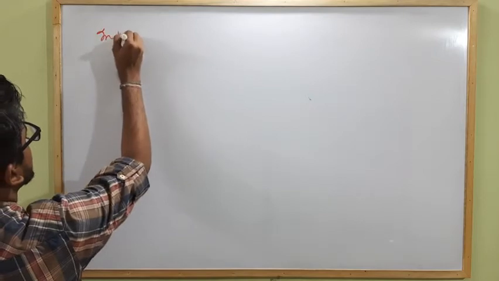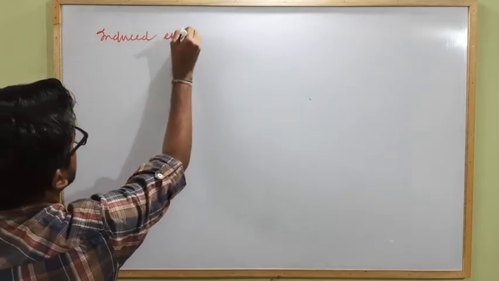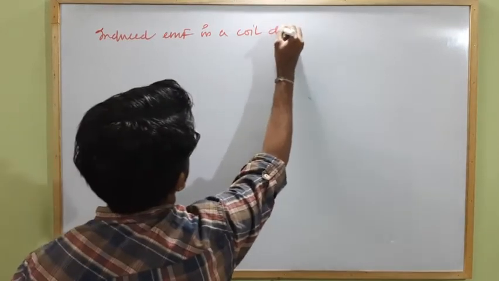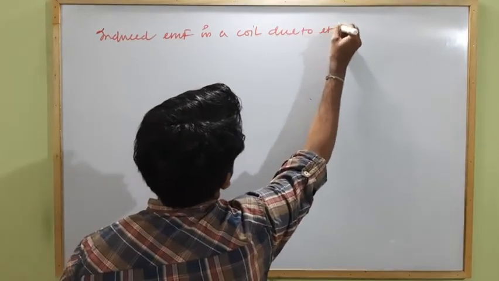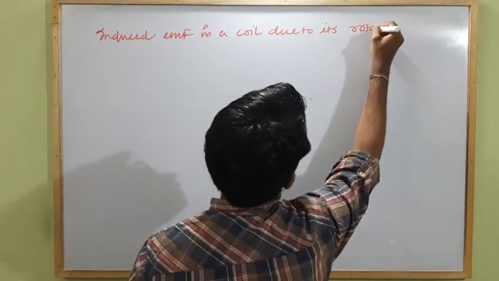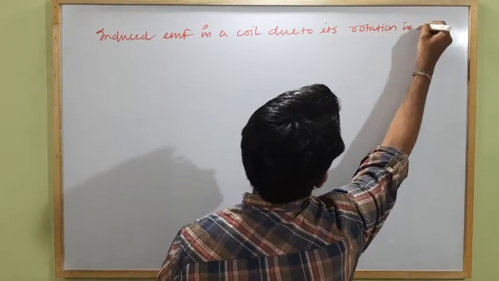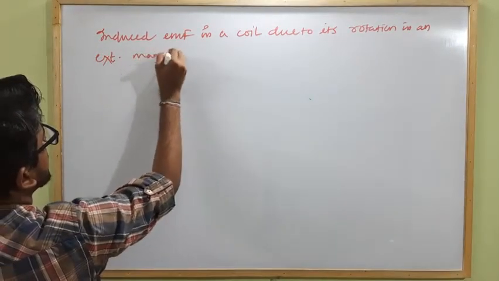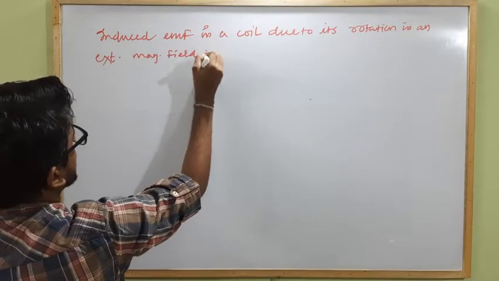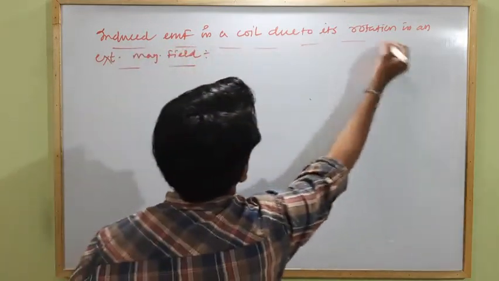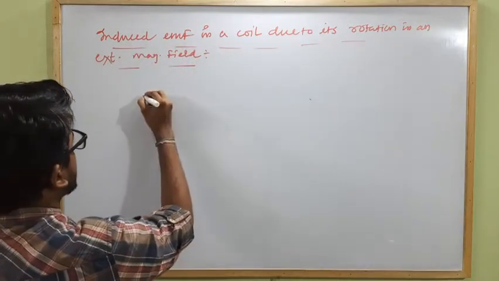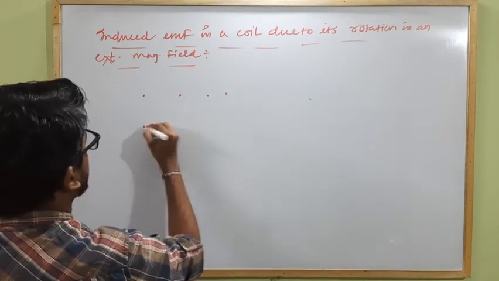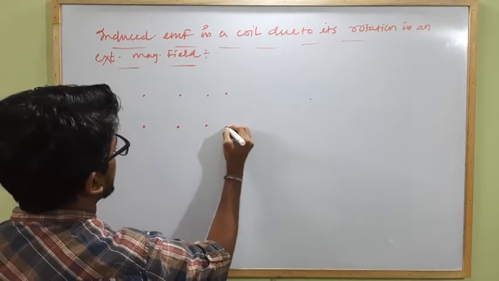Induced EMF in a coil due to its rotation in an external magnetic field. Okay, so for this, let's consider there is an external magnetic field which is acting vertically outward to the plane, denoted by the dots.